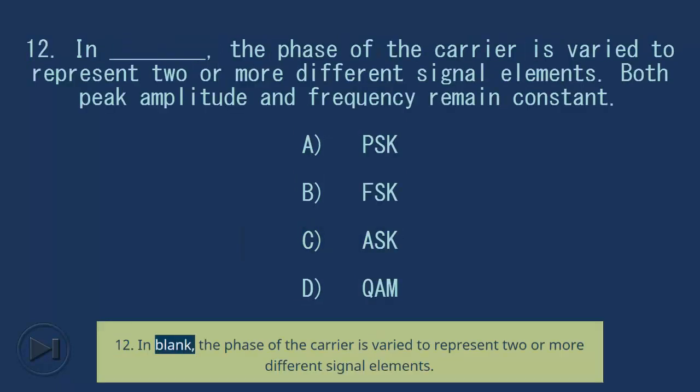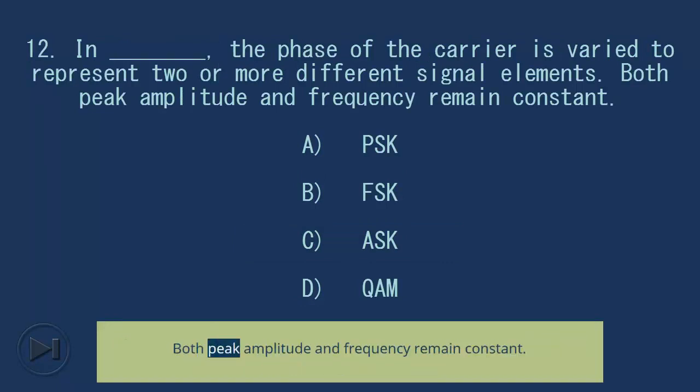12. In blank, the phase of the carrier is varied to represent two or more different signal elements. Both peak amplitude and frequency remain constant. A. PSK. B. FSK. C. ASK. D. QAM.